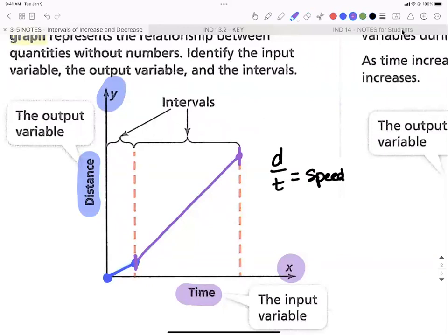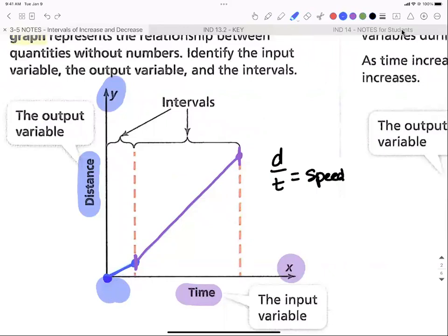Now, would I say that the speed between the two purple points is a constant speed? Why would you say yes? What is unique about this purple section that would make you think constant? Straight line. Beautiful. It's a constant speed because it's a straight line. So the blue section is a constant speed, right?